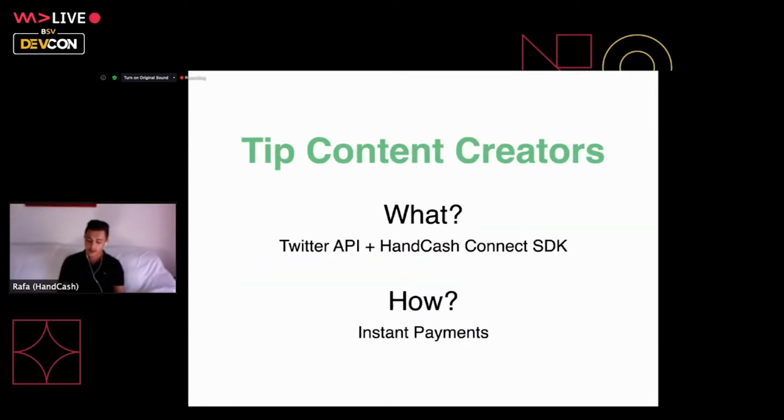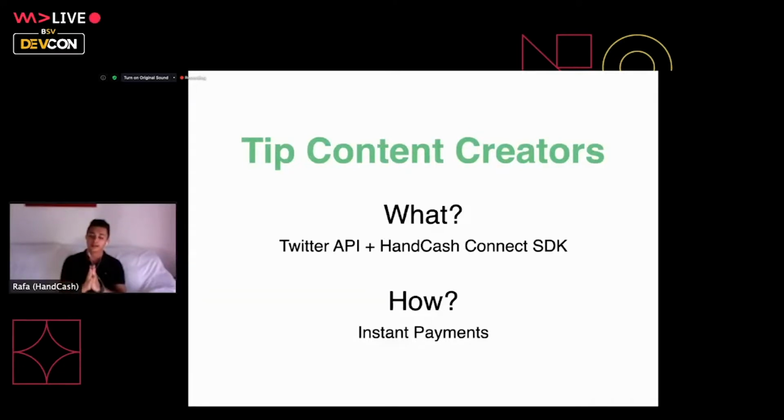The next idea, it's something we actually use inside Bitcoin SV, is the concept of tipping content creators. But I want to give a different perspective. Imagine that we can combine something like the Twitter API with HandCash Connect. Or imagine that we combine the YouTube API with HandCash Connect. So we can still get the network effect of massive networks with millions of users where all the activity is happening, but we can wrap it to add additional features.